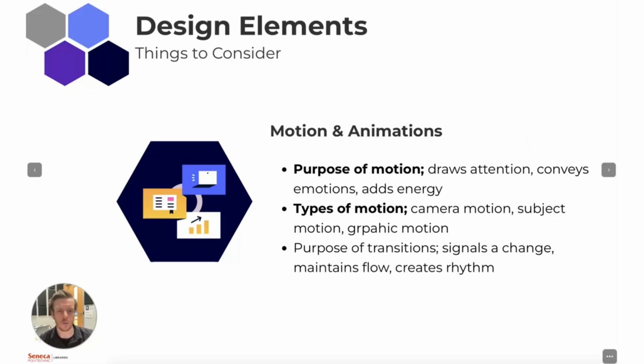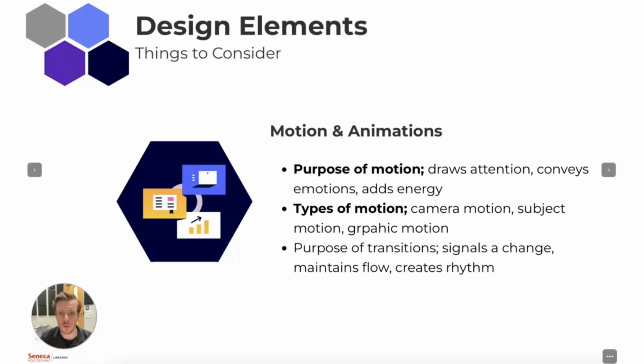So think about how you might want to utilize that in your video to maybe reinforce your narrative, and think about how it might help set tone. For example, a fast motion might mean urgency or excitement, where a slow motion might mean drama or reflection. So think about that when you're utilizing motion in your videos.